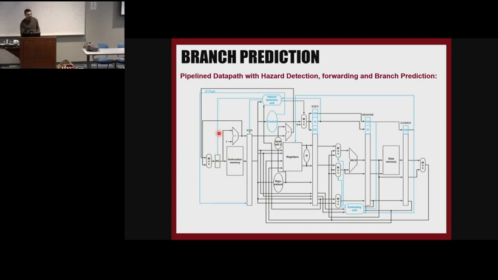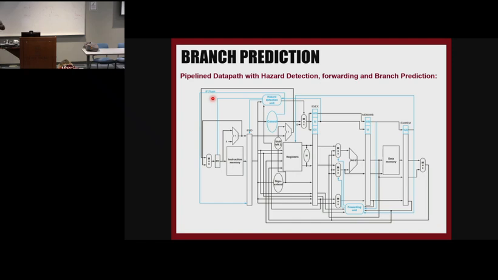Basically we can say that the branch prediction is somewhere here. Every time you want to fetch an instruction, that's what the branch prediction unit does. The branch prediction unit in the fetch stage is going to tell you whether you fetch the instruction after PC plus 4 or the branch target address.